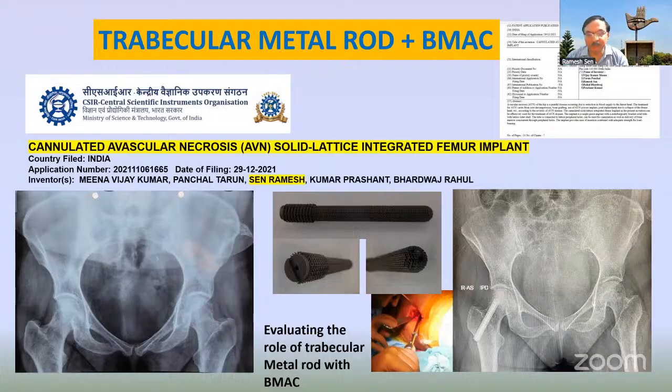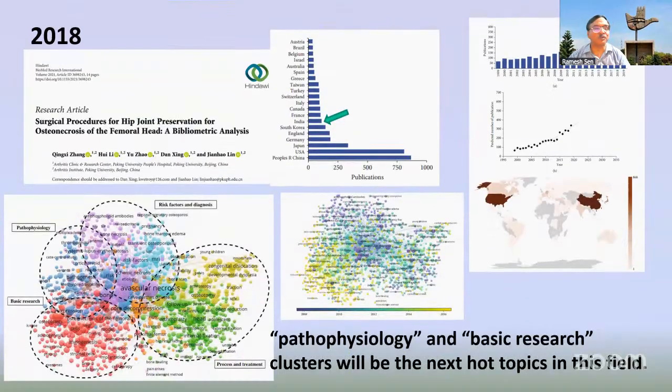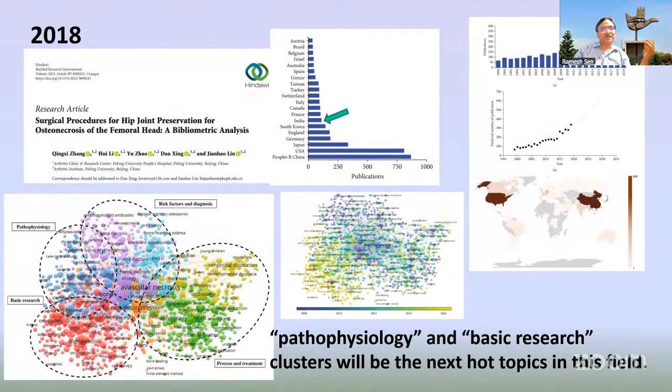And there is a specific place for them to come out. And we have got a US patent for this also. It could be useful to add the BMAC along with this trabecular rod also.